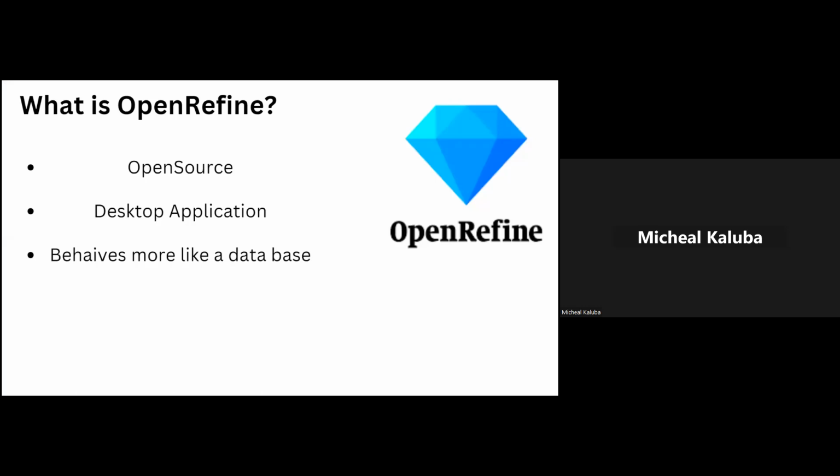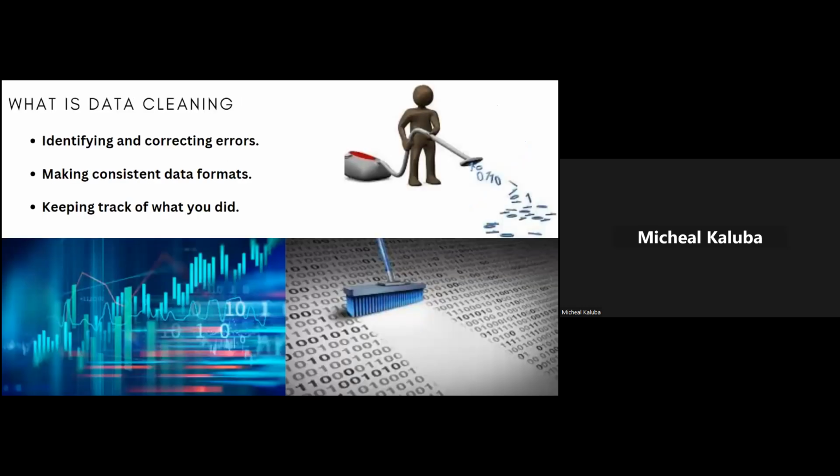It's like a desktop application, and it is more like a database. It can be used to keep your data of the different projects you've worked on. So in that way, it helps like a database. It can store the recently worked on projects.